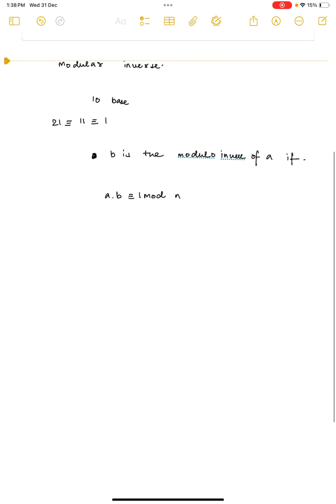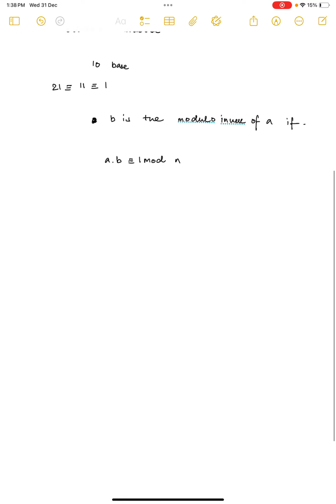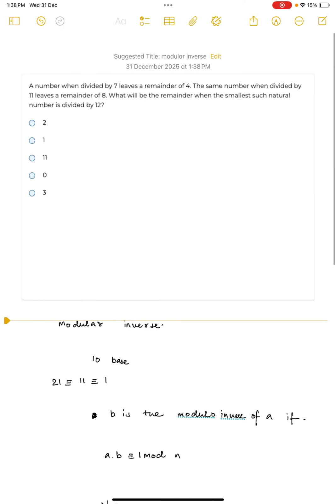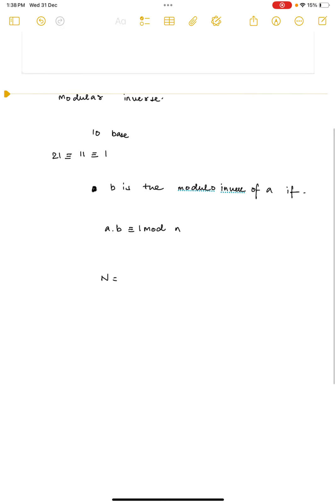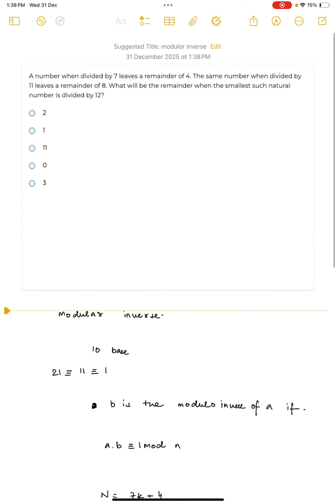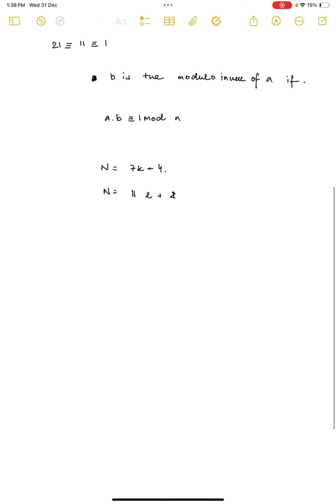Now let's begin with the question. You have a number which leaves the remainder of 4 upon dividing by 7. So it is 7k plus 4, and n is also equal to 11l plus 8. Fair enough.